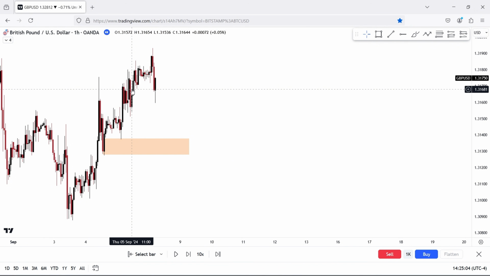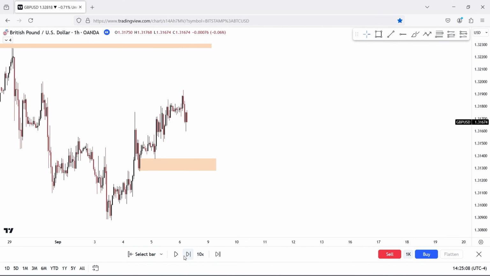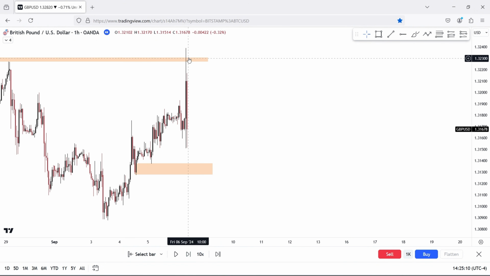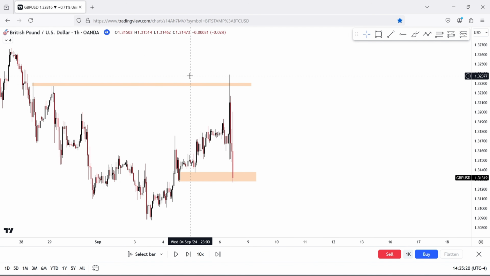Price did fail the first time, but the second time it came and cleared out the entire level. Okay, price easily covered this entire zone, and easily covered this entire zone. So you can see why these levels are powerful, because price smoothly takes out these levels.